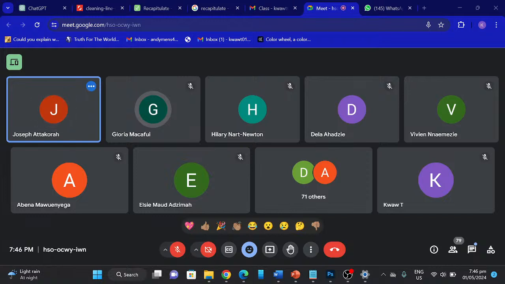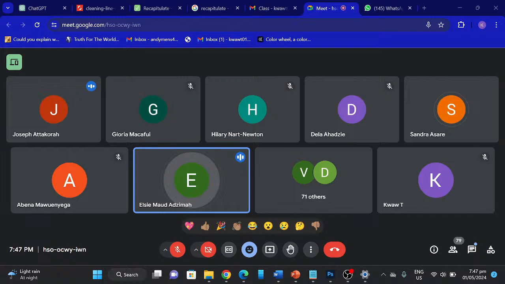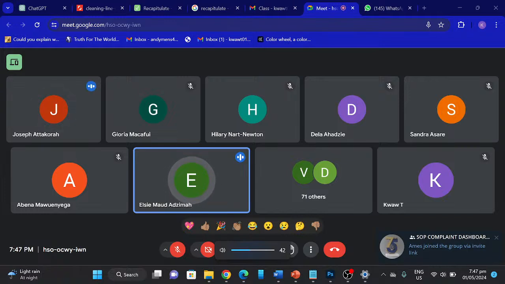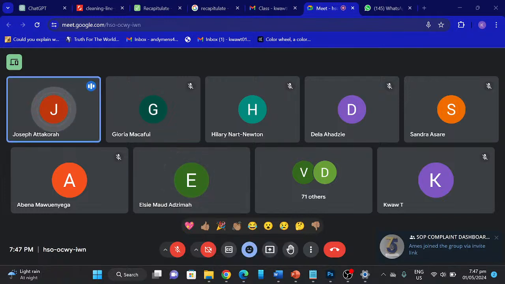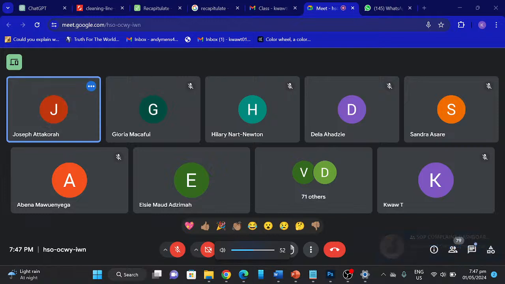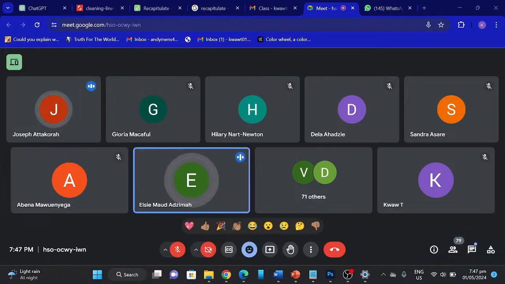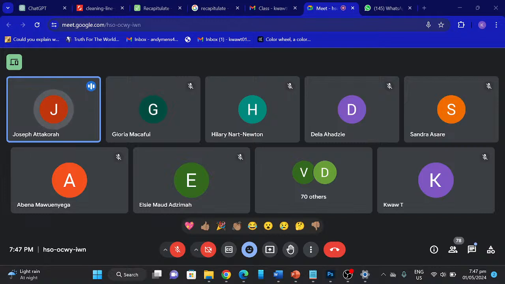What again? Burns can cause hypovolemia. Burns can do that. What again? We also have hemorrhage, like those who are bleeding too much. Bleeding, good. Bleeding can cause that.